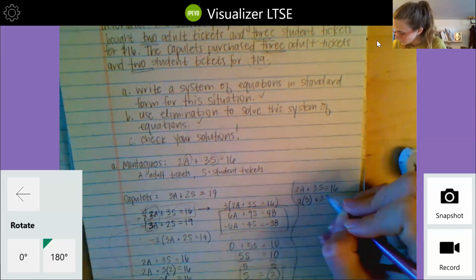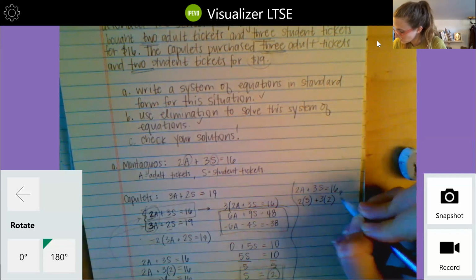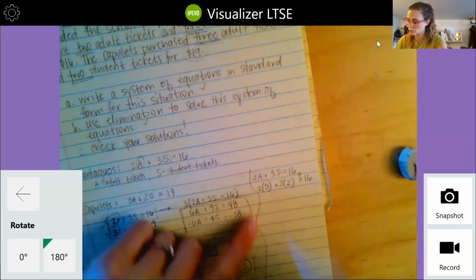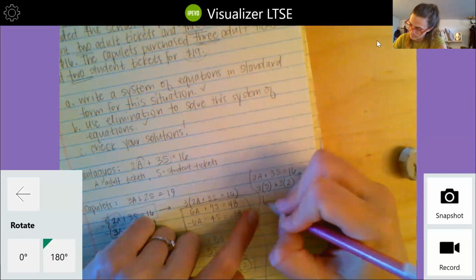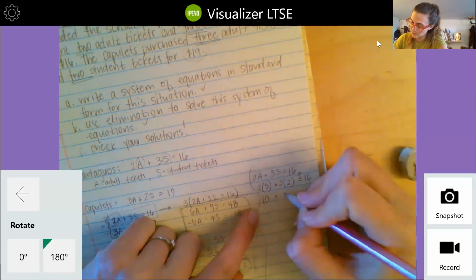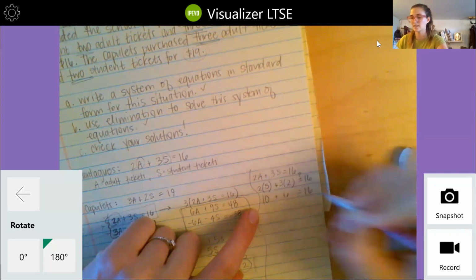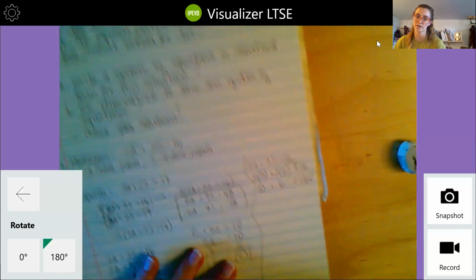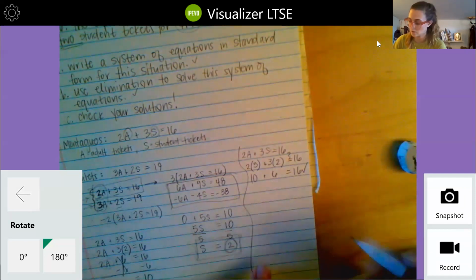So 3 times 2. Does that equal 16? Let's see. 2 times 5 is 10. Plus 3 times 2 is 6. Yes, that does equal 16. So that one works.